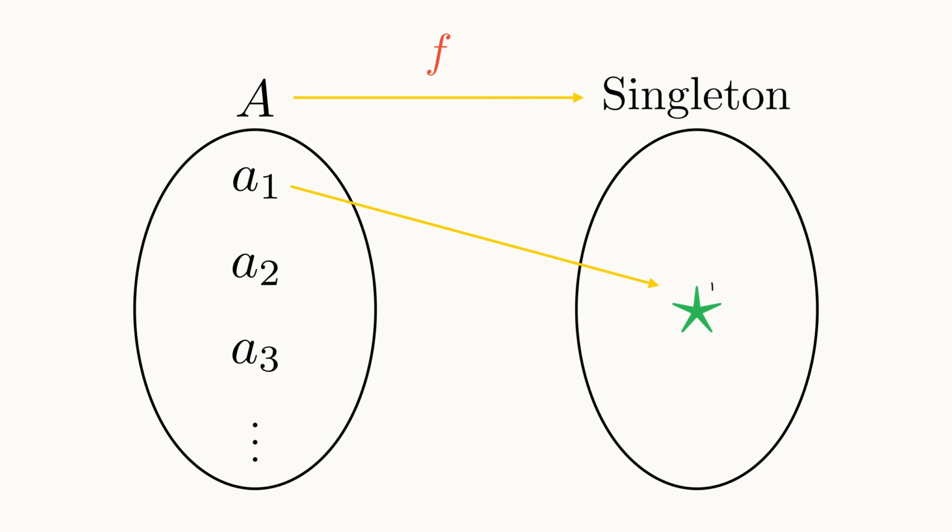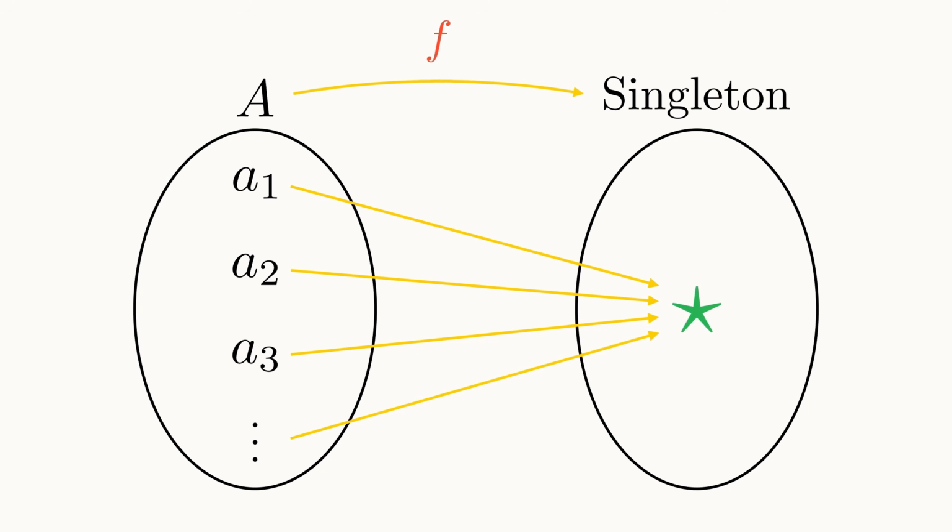There isn't actually a choice of which element to map A1 onto, as there's only one element to choose from. f will also have to map A2 to star as well, and A3 to star, and similarly for every single element in our arbitrary set A. So there can't be any other function from A to our singleton set, as there's simply no room for choice.